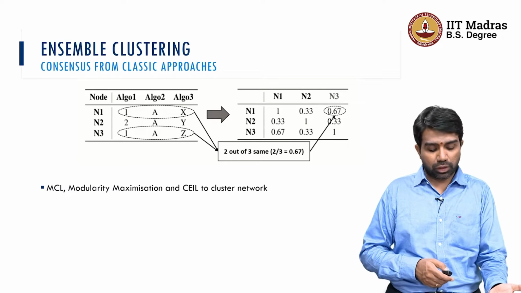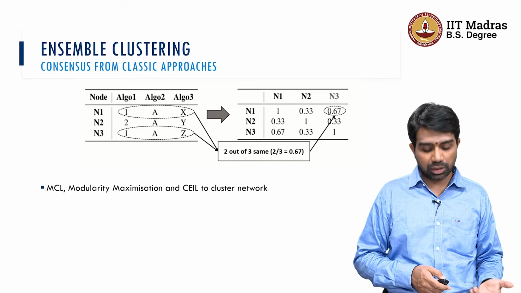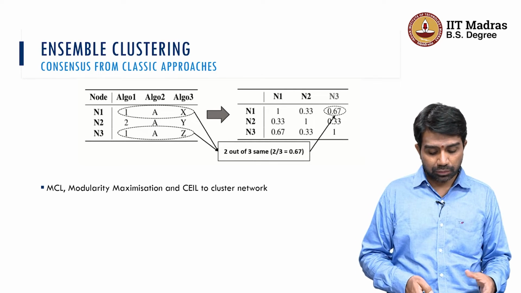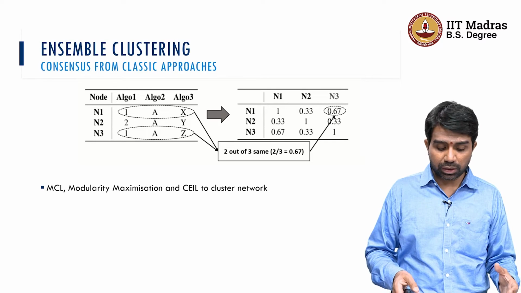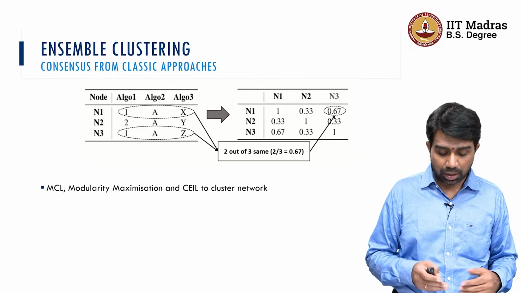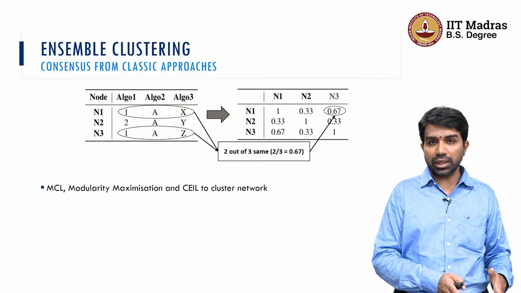Let's say, for example, we here used Markov chain clustering, modularity maximization, and this method called SEAL to cluster the network. What did we do? We took these different algorithms and applied them on the same network.